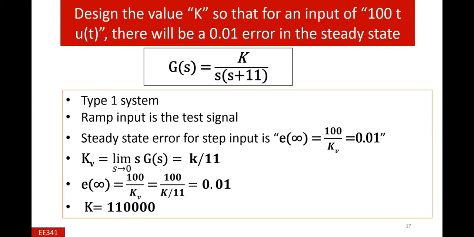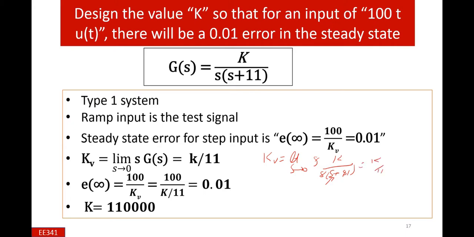First of all, we have to find the value of K. Kv is equal to the limit as s approaches 0 of s times G, which is K over (s plus 11) times s, and this s is cancelled out with this one, and as s is 0, it is equal to K by 11.